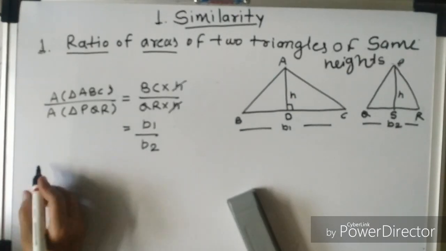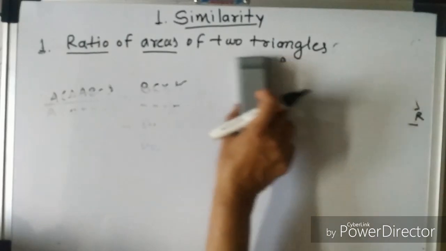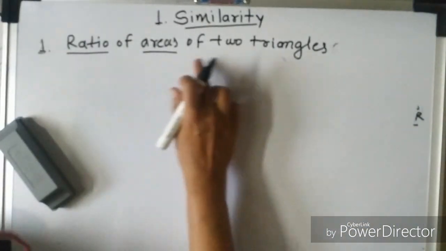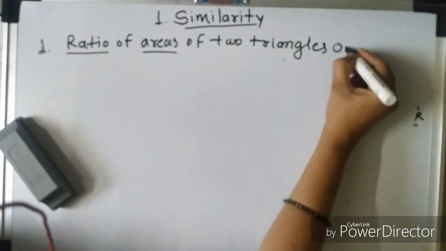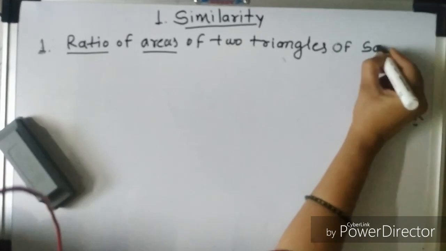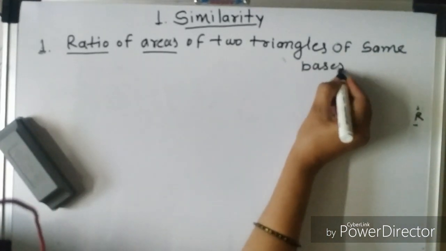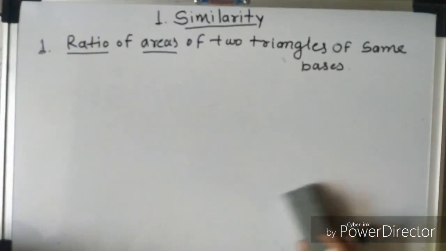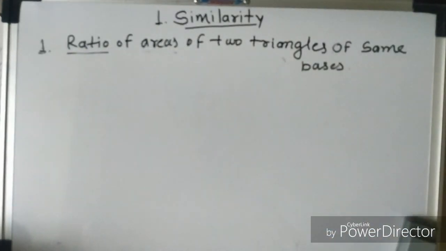And suppose the case of the ratio of areas of two triangles of the same base. If their bases are same, then what do we get? Let us see.